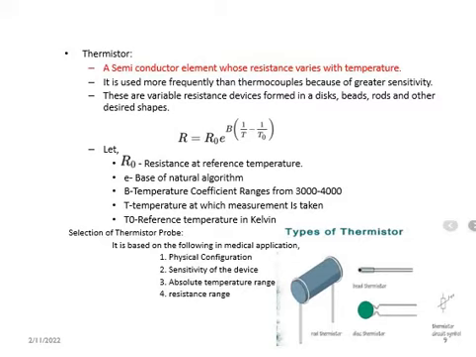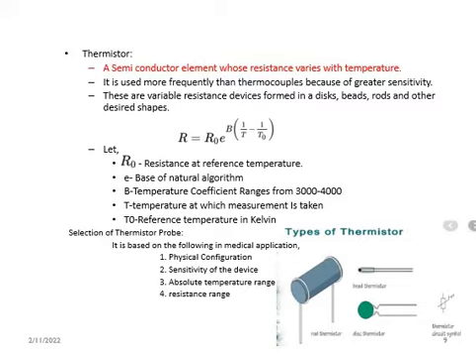Now, selection of thermistor: how the thermistor has to be selected. First, physical configuration. It can be wire wound, air core, or ceramic type, so there are different materials, and how to select among them according to the application is important.